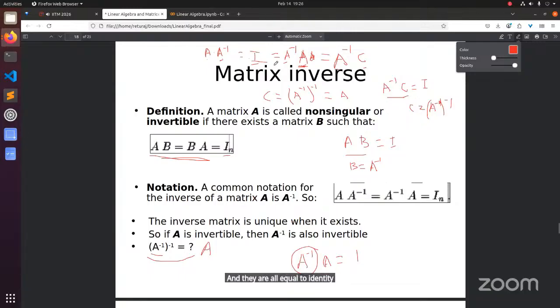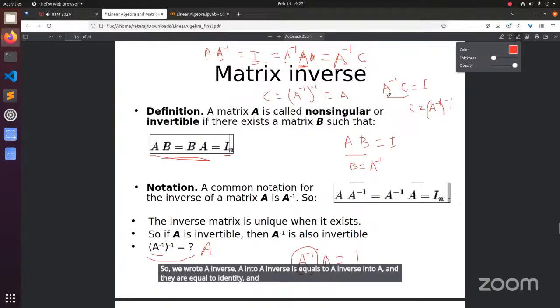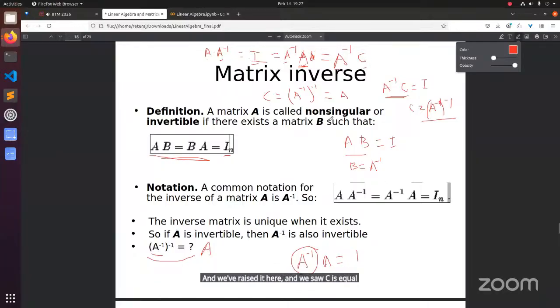What we want to calculate is C, where A inverse into C is equal to identity, and C is A inverse of inverse. We placed it here, and we saw C is equal to A. So that's how it is. A inverse of inverse is A. Everyone okay with this? Yes, sir.